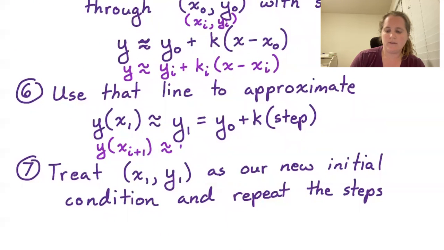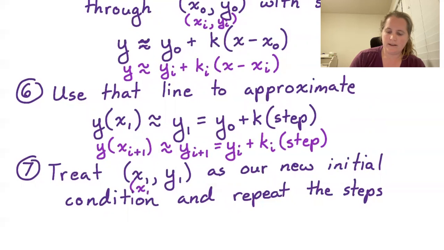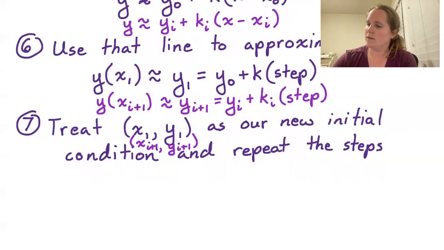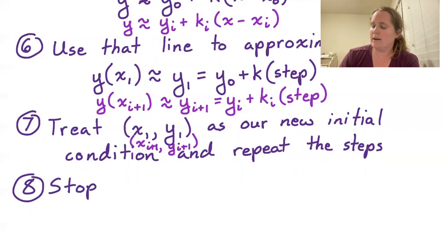And that'll give us what we call yi plus 1, which will be yi plus ki times the step. And then we'll treat xi plus 1, yi plus 1 as our new initial condition, and of course repeat the steps. And then we stop once we reach the desired x value.